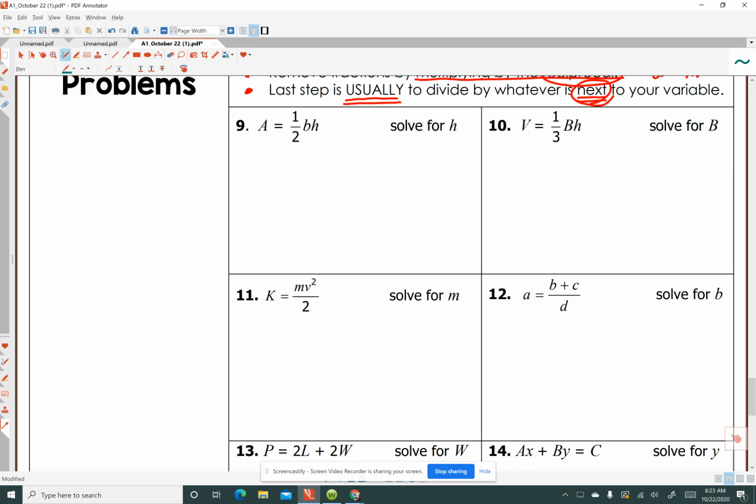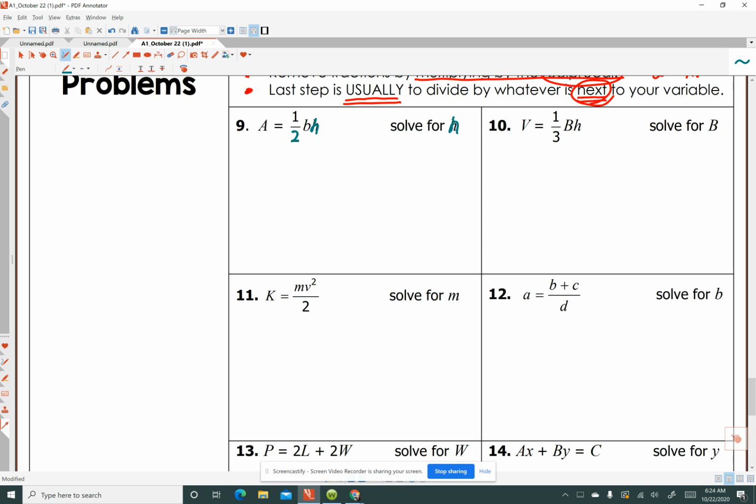Okay, I hope you tried these on your own. We're solving in number 9 for h. So let's think about what's happening to h. So we've got a on the left. On the right, h is being multiplied by 1/2 b. Let's deal with this fraction first.